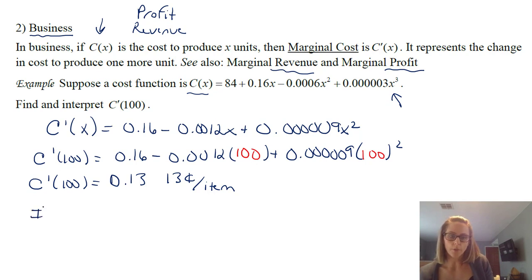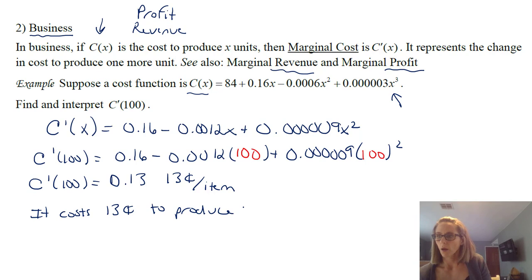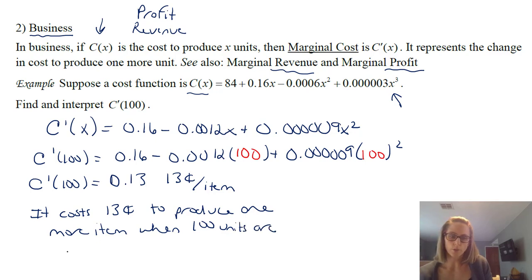So we could interpret that as it costs 13 cents, and I mean 0.13 cents is fine, you can say it a couple different ways, to produce one more item when 100 units are produced.